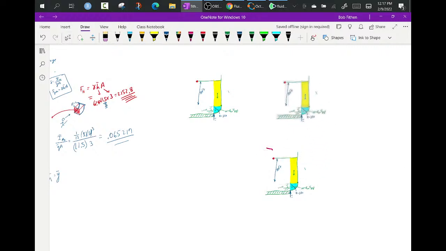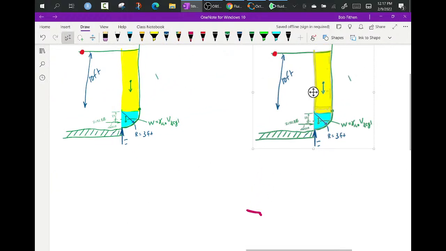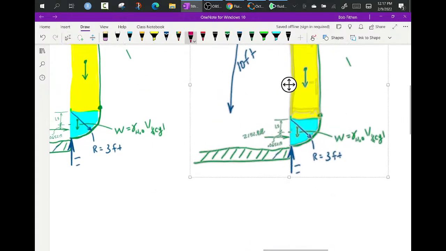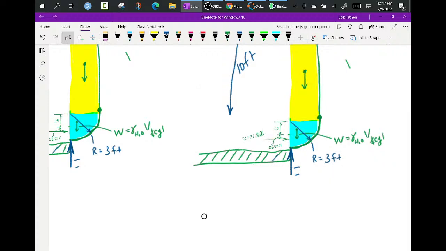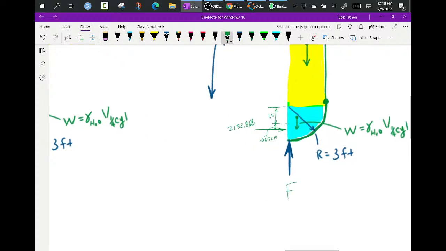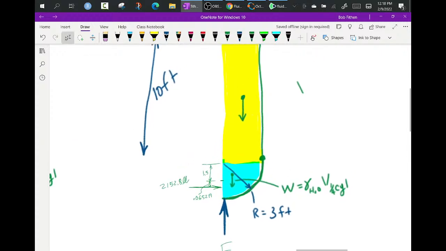This time, I'm going to make them close enough so I can see them both on a similar part of the page. I'm going to remove the bottom concrete, because this is the force being applied to it. I'll just call it F. Now I'll take the yellow off, and I can move this.